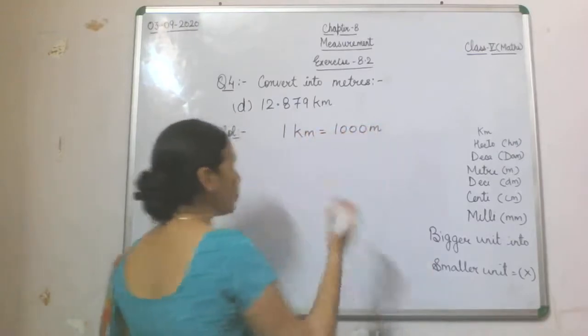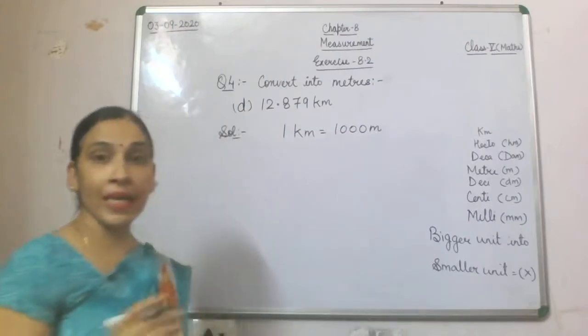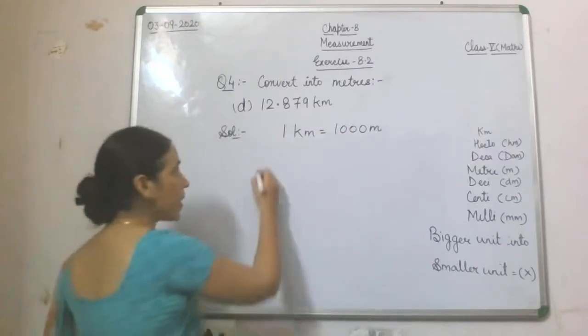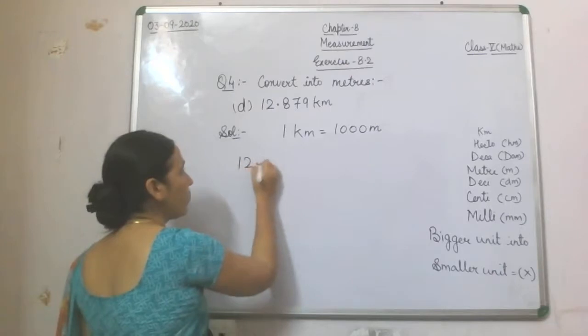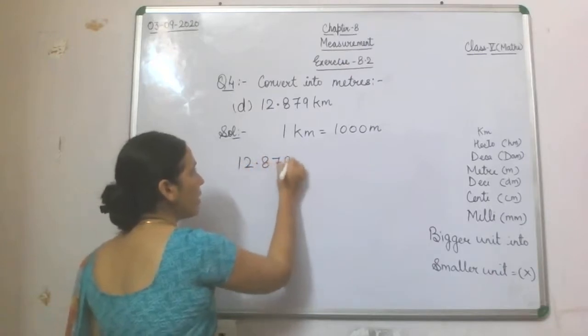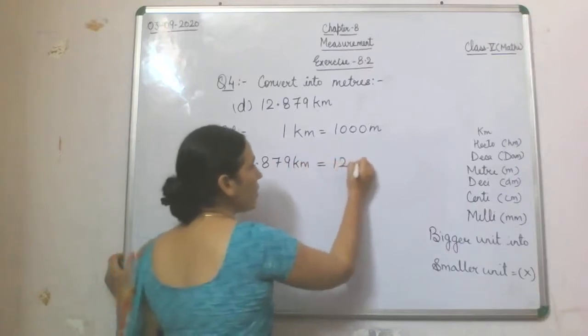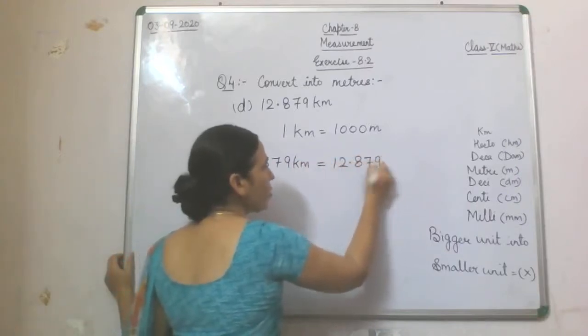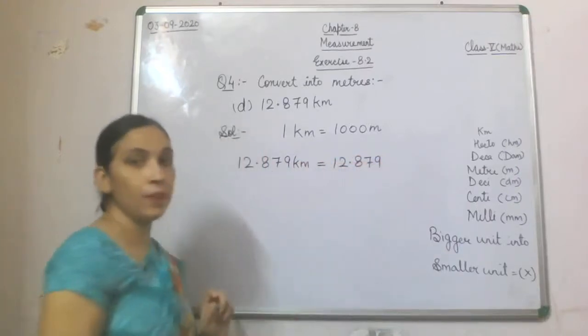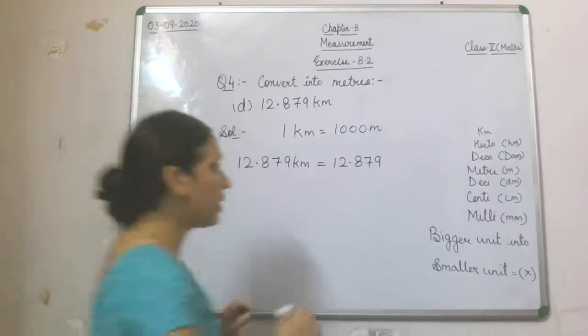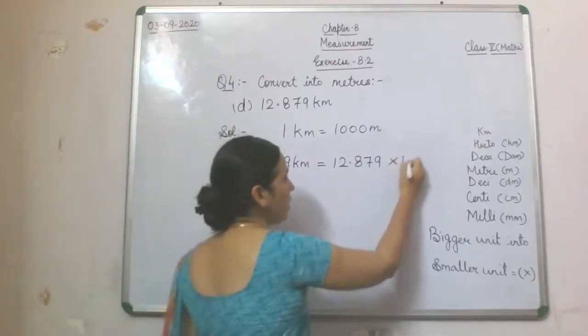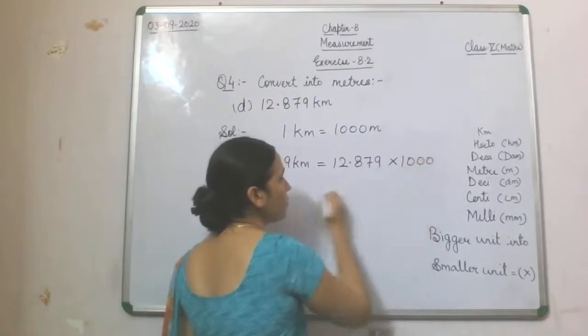So now next, what are we going to do? We'll write that 12.879 kilometer will be equal to 12.879, and this is going to be multiplied by, yes, correct, 1000.